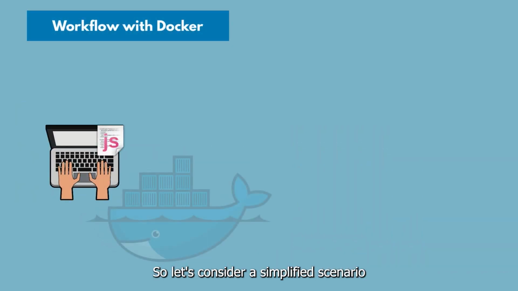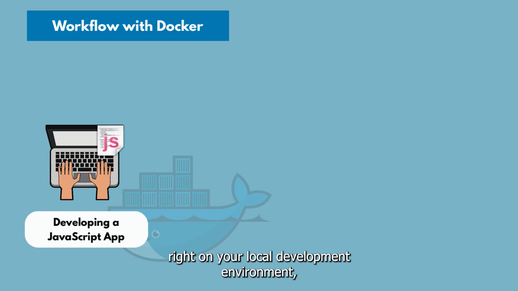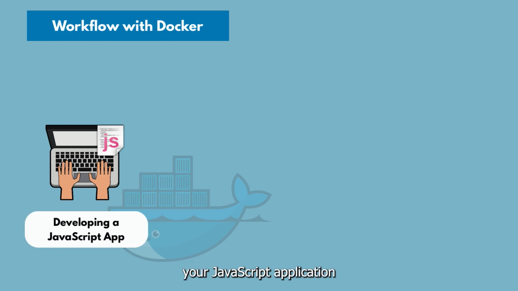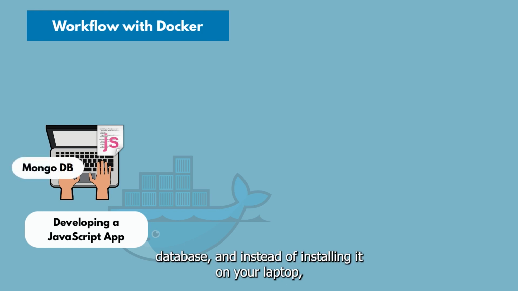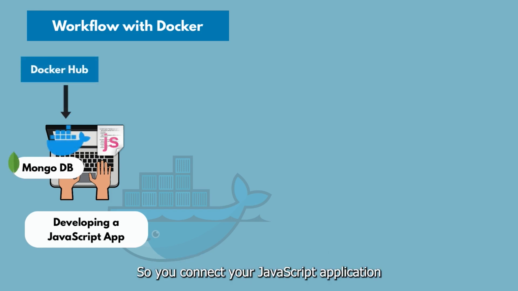So let's consider a simplified scenario where you are developing a JavaScript application on your laptop, on your local development environment. Your JavaScript application uses a MongoDB database, and instead of installing it on your laptop, you download a Docker container from the Docker Hub. So you connect your JavaScript application with the MongoDB and you start developing.